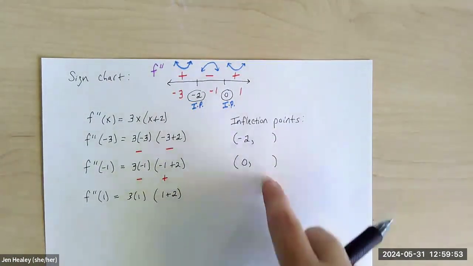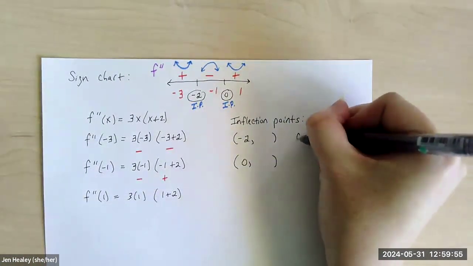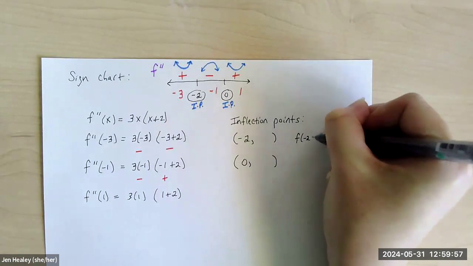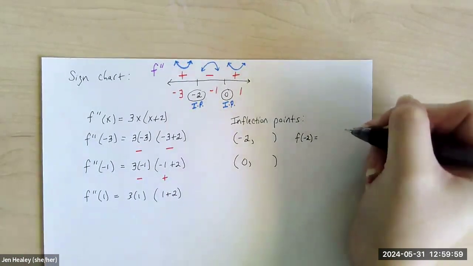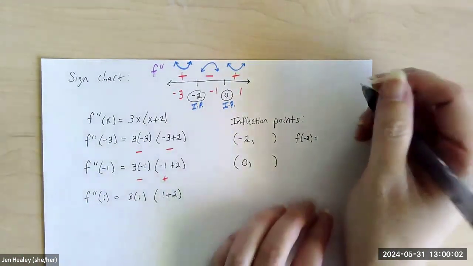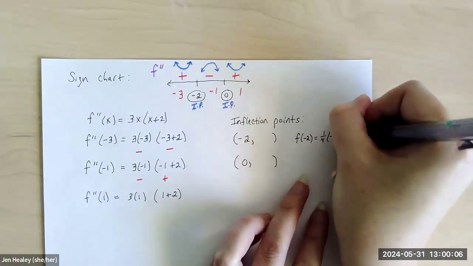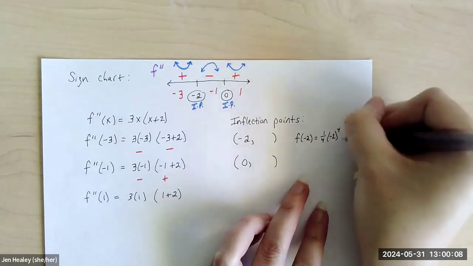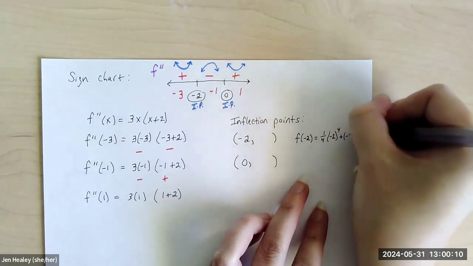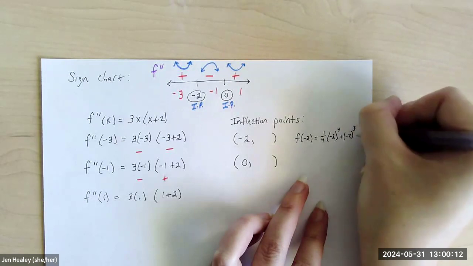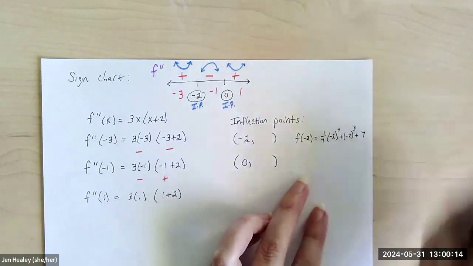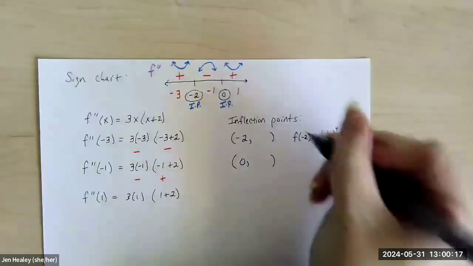So this is f of -2. f of -2 would be 1/4 times -2 to the 4th power plus -2 to the 3rd power plus 7, which, if you trust me, pops out a 3.